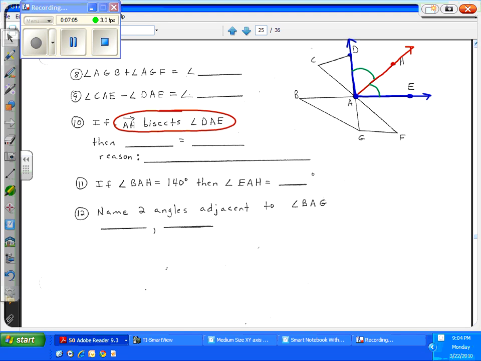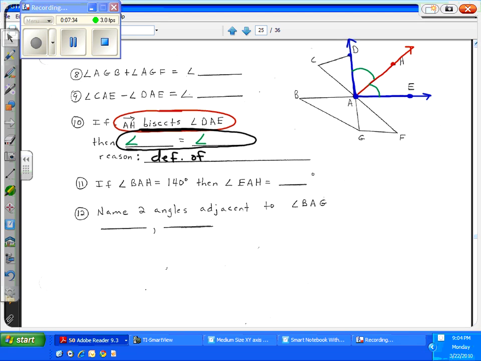And so we can say that ray AH bisects angle DAE. Therefore, we can conclude that angle so-and-so, and you can see them in the picture, is equal to angle so-and-so. And remember, we have the word angle bisector, and what we get out of it is two equal angles.